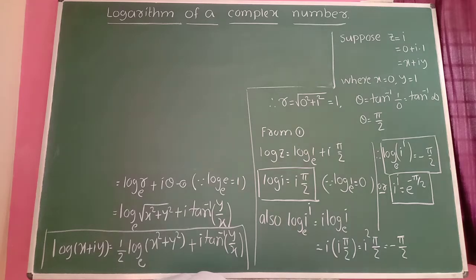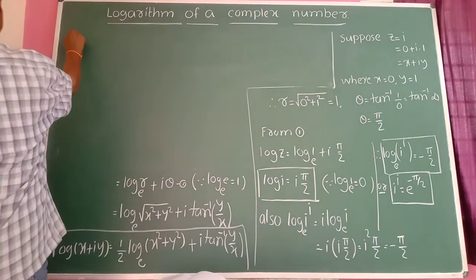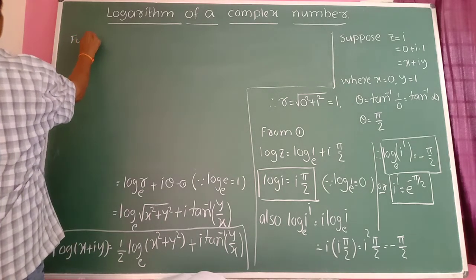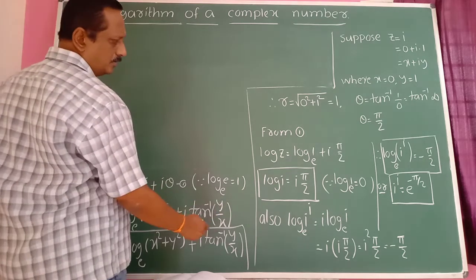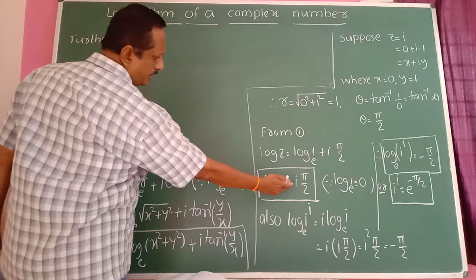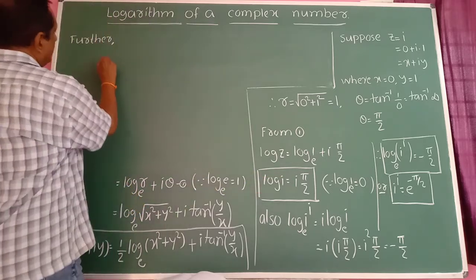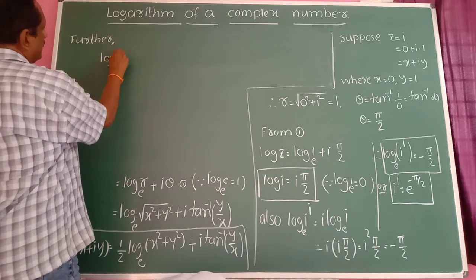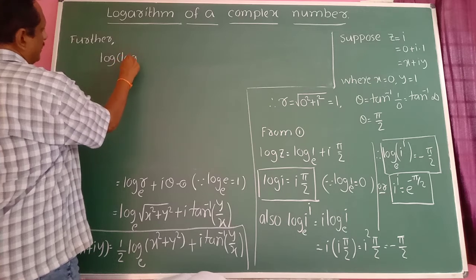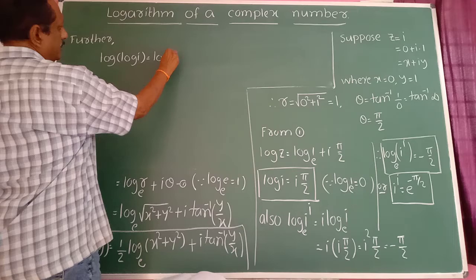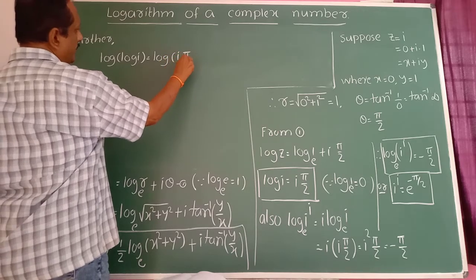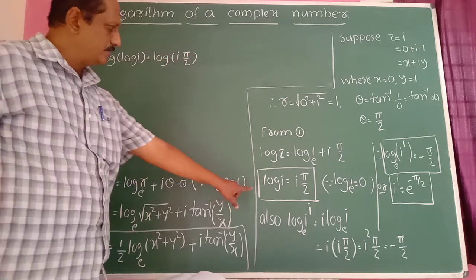Okay, further, you know, log of i value is i into pi by 2. Therefore, log of log i is equal to log of i into pi divided by 2.